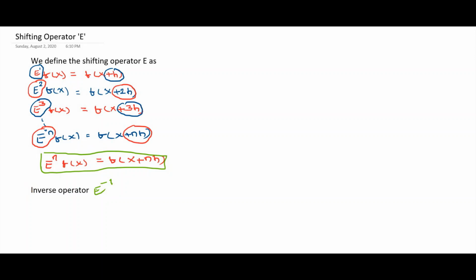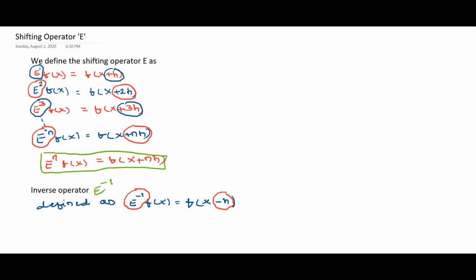The inverse operator E raised to minus 1 is defined as: E raised to minus 1 f of x equals f of x minus h. Here the power is minus 1, so to eliminate E raised to minus 1, you have to add minus h.